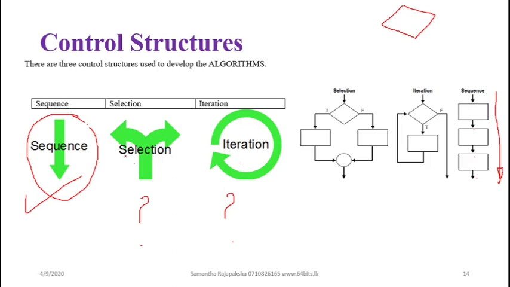Then how do you identify which one is there? If there's a selection, you can see this diamond shape, and there are two paths: true, false, or yes, no. If it is true, you get one path. If it is false, you get another path, and then go to the end. So that's a selection. But if there's a loop, then again the same symbol is available.